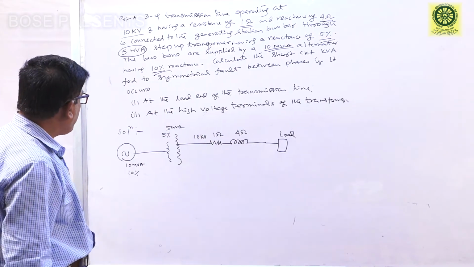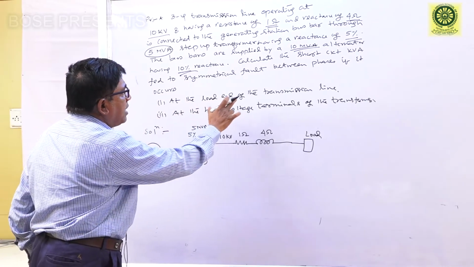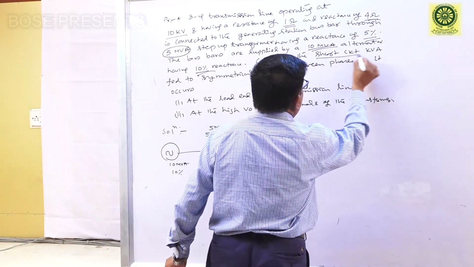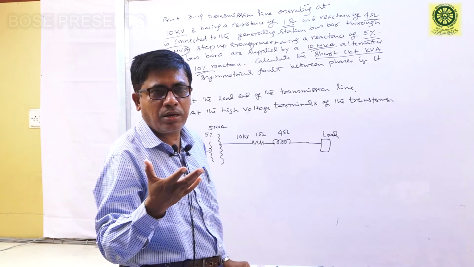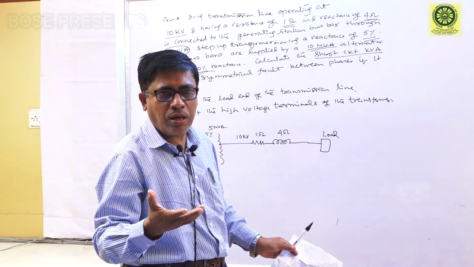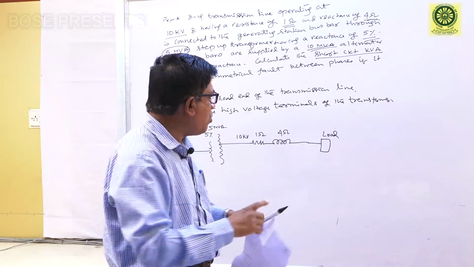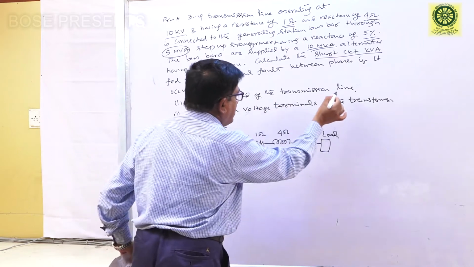He is asking, first point, at the load end of the transmission line, what we have to calculate. You have to calculate the short circuit KVA. We have the formula; already you have studied the formulas. First you have to calculate at the load end of the transmission line.